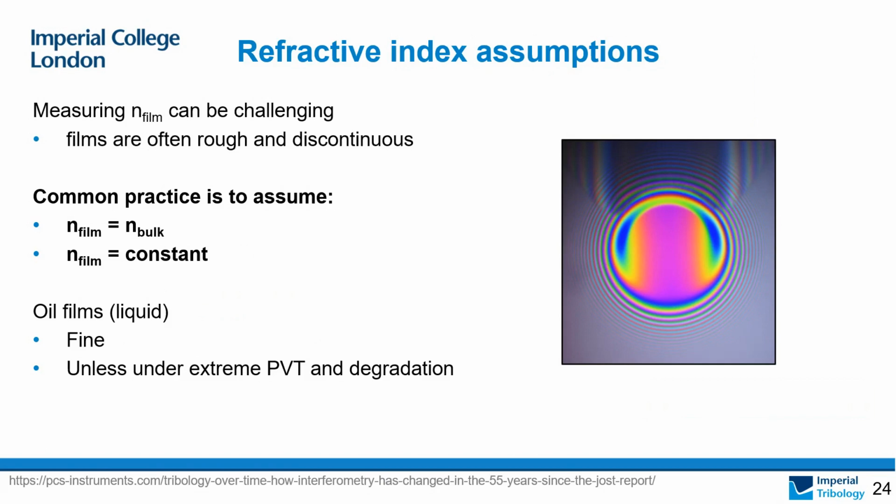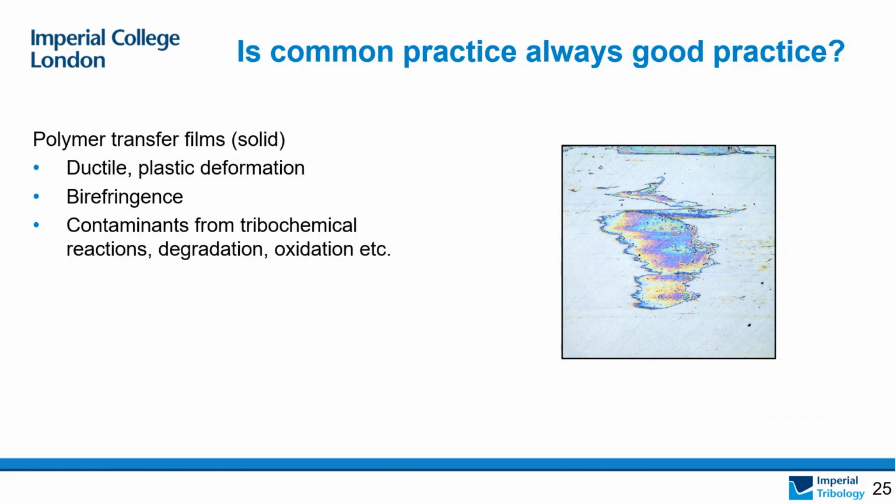These assumptions are probably fine for liquid films, like oil films, for example. But for polymer transfer films, they are ductile and can experience high degree of plastic deformation during sliding. This may change their refractive index. And worse still, many polymers are birefringent, meaning their refractive index in different directions can react differently to the principal stresses.